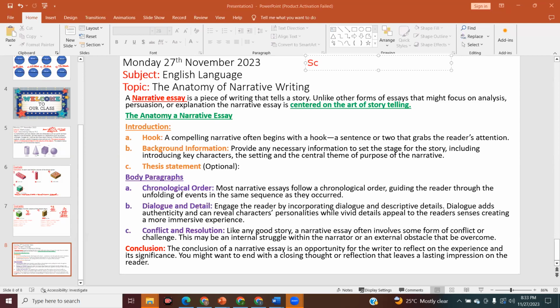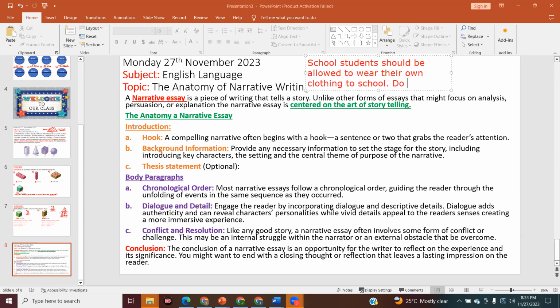So in the chat, if you think it's a narrative, put yes. If you think it's not a narrative essay, put no. All right. School students should be allowed to wear their own clothing to school.